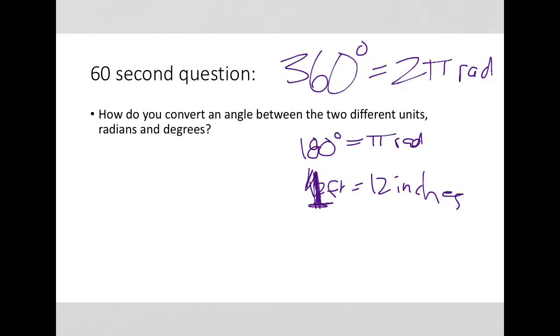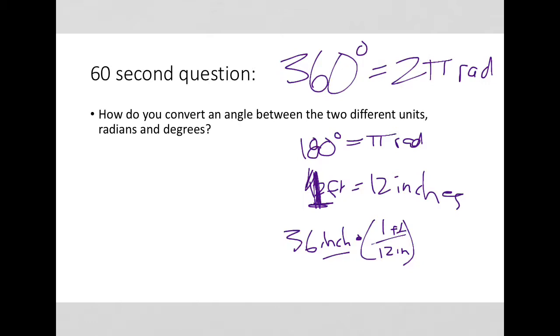And in the same way, if we knew we had, say, 36 inches, and we wanted to know how many feet that was, we can multiply this by the ratio. Notice inches are right there in the numerator, so we want inches down here, which is 12 inches per 1 foot would be our conversion factor.